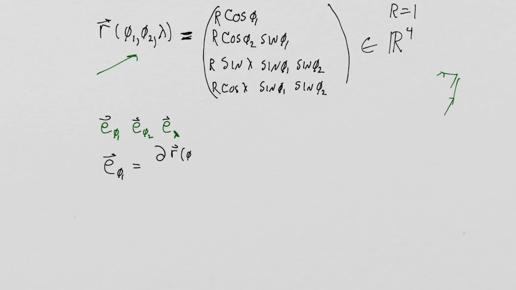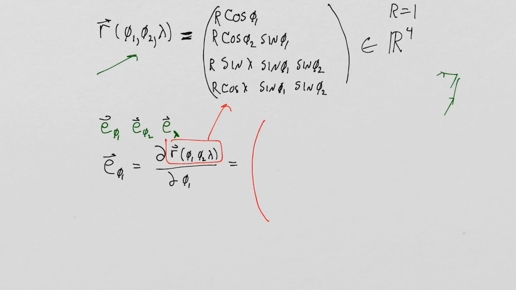the partial derivative of r, which is a function, I'll make it explicit, of phi 1, phi 2, and lambda, with respect to phi 1. And this is a vector derivative we're taking, so of course it goes into components. This guy here is simply that.